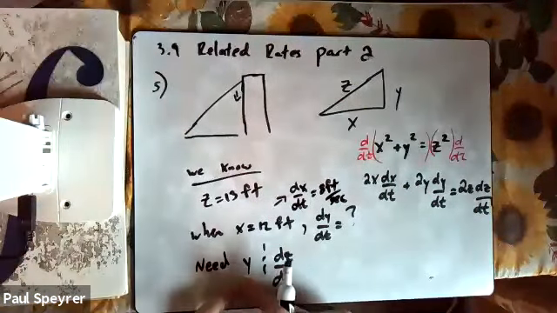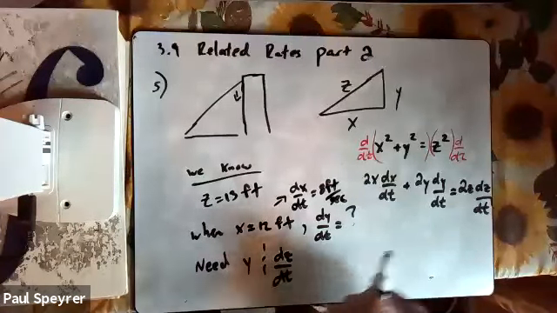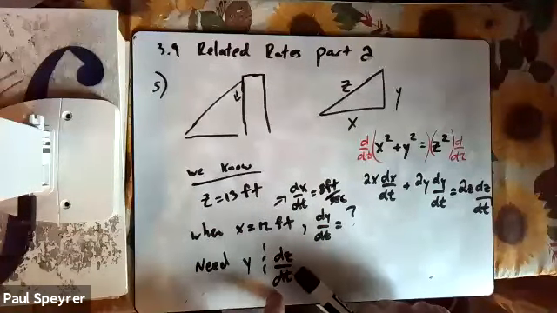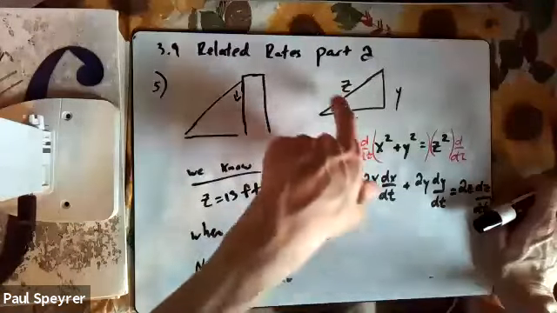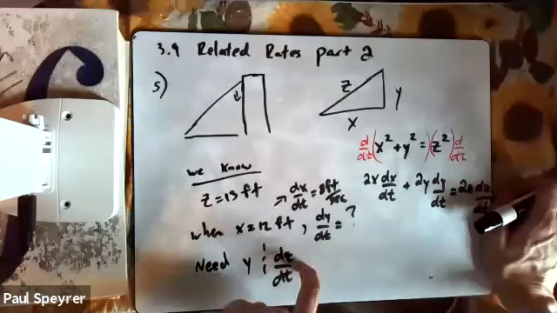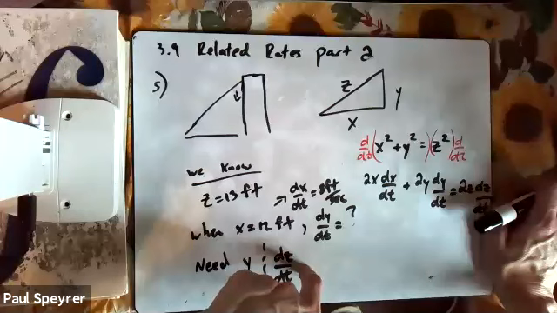We're still missing the y variable and the dz dt. Now, how are we going to figure those out? Well, let's look at dz dt really quick. Let's think about this. So remember, z is the ladder. The ladder is 13 feet. Now, if we're asking how fast is the rate of change with respect to the ladder, what could it be?